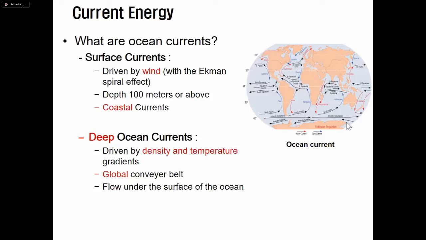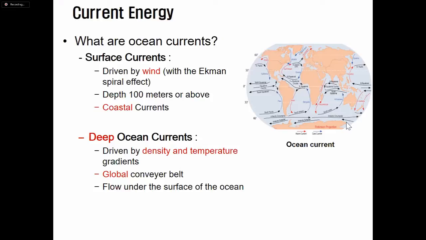The secondary flow is behind. The depth of this surface current is up to 100 meters from the surface. And this is usually coastal current near a continent. So it's a main surface current.